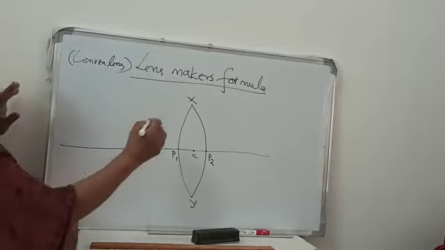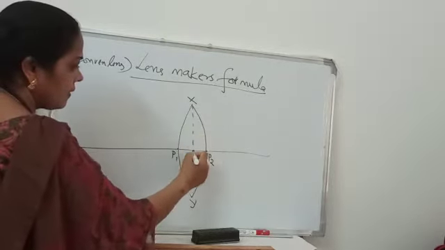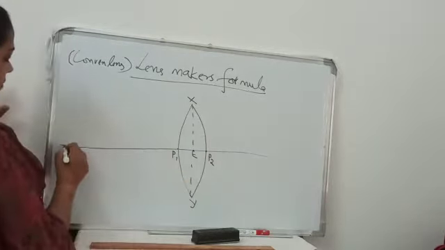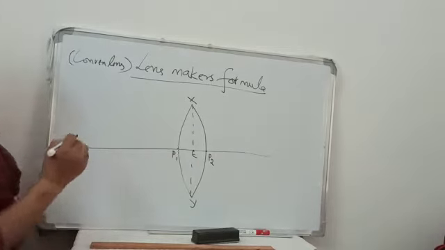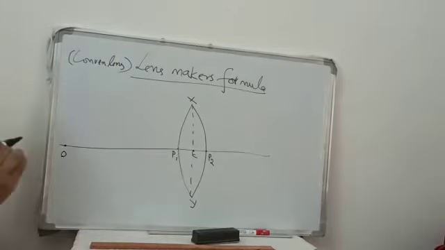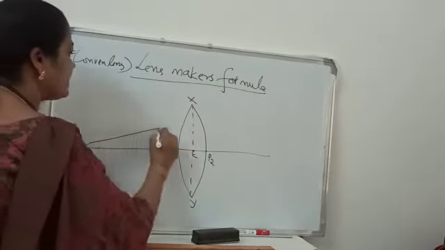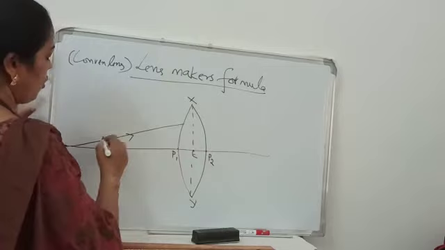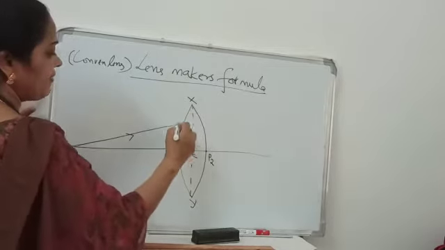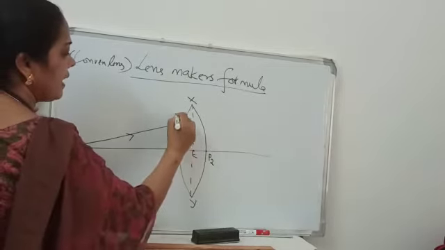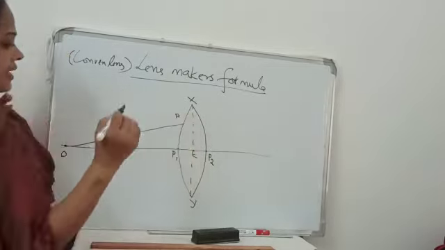Now, we consider an object, a point object, lying on the principal axis. A ray of light from the point object gets incident on the face XP1Y at the point A.